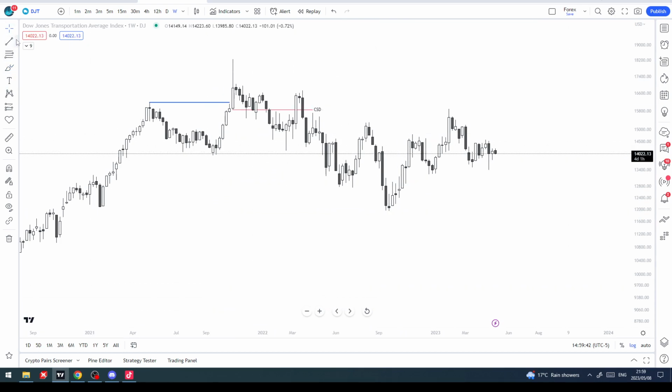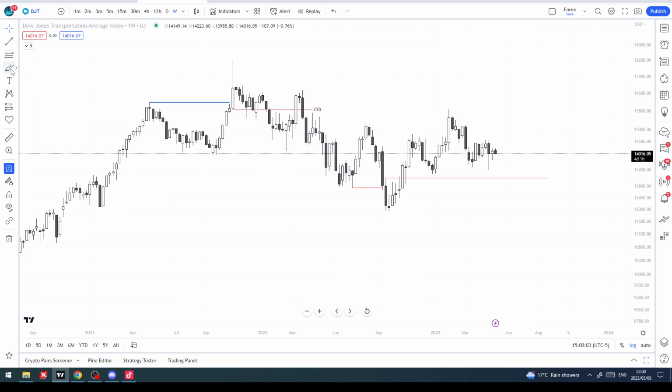Now, interesting thing here. This candle here, let's mark it off. So this was the low. And I'd consider this one, the one that closed below, let's call him CSD here, right? Also the top of that order block.